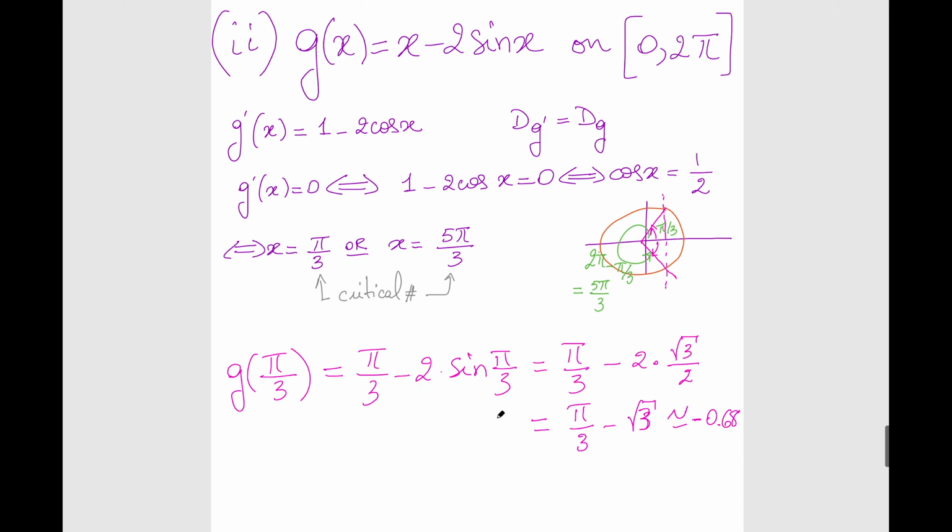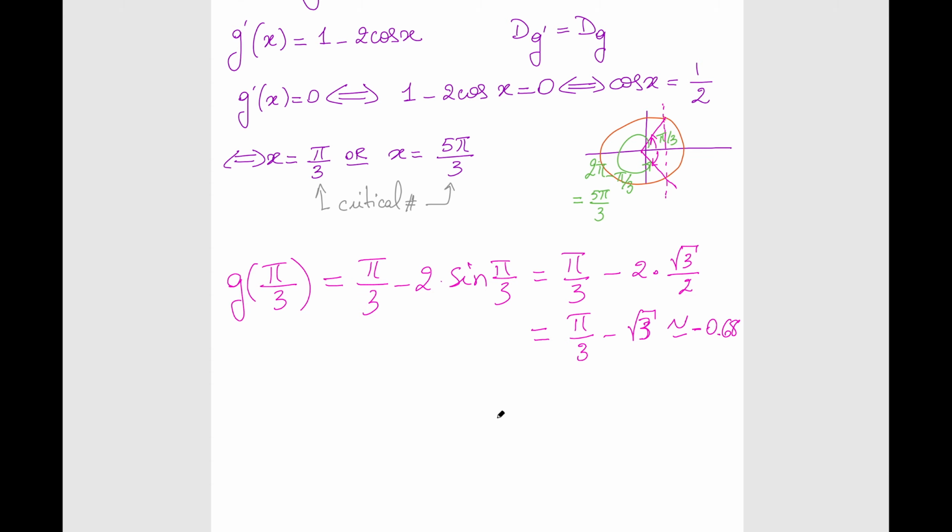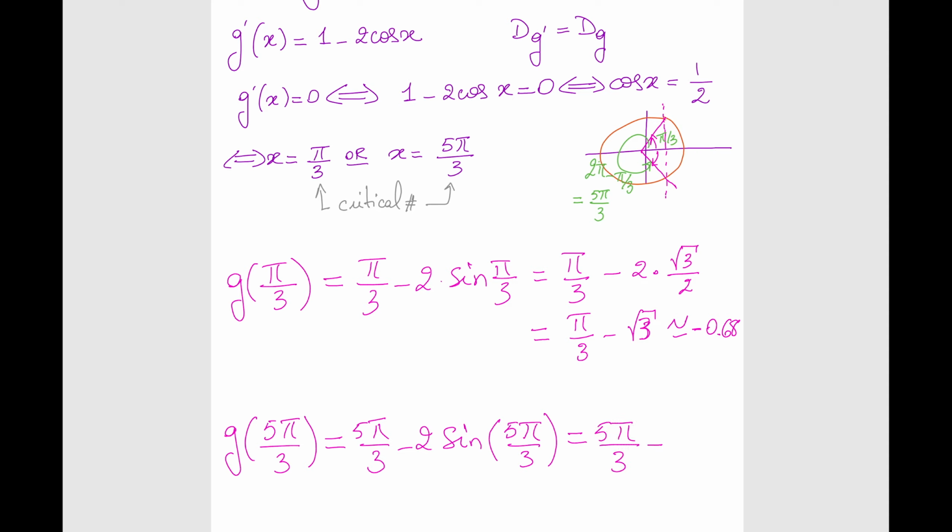All right. At 5 pi over 3, it's going to be 5 pi over 3 minus 2 times sine of 5 pi over 3. What's sine of 5 pi over 3?